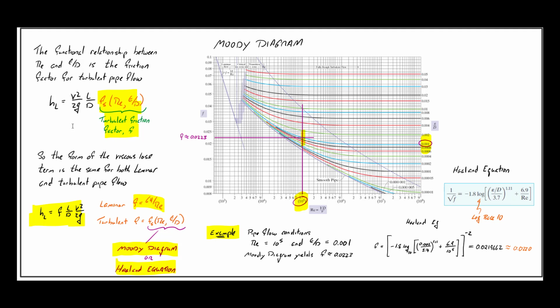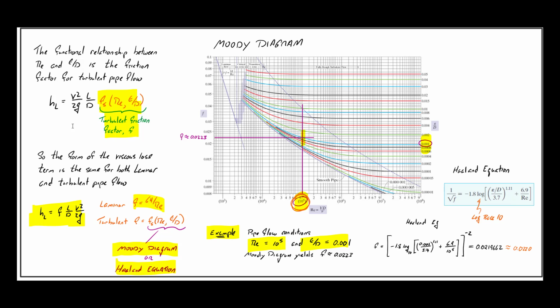For given pipe flow conditions, say the Reynolds number ends up being 10 to the 5, and we have epsilon over D equals 0.001. So we go to the diagram, and we start here at Reynolds number being 10 to the 5th.